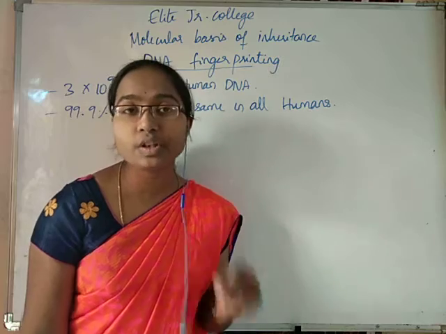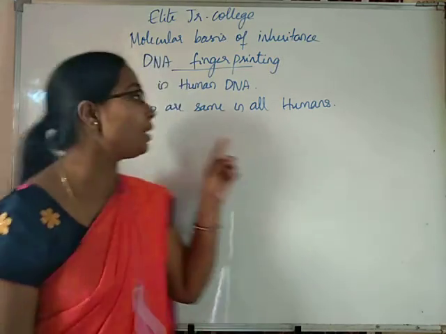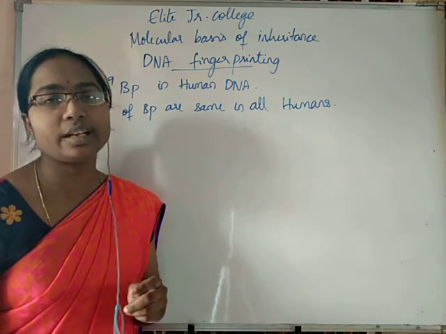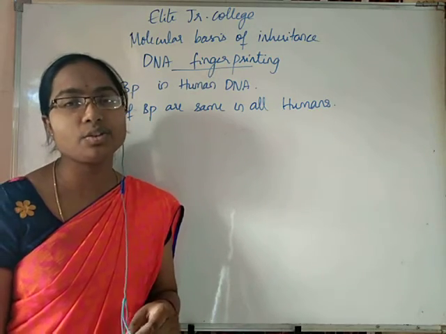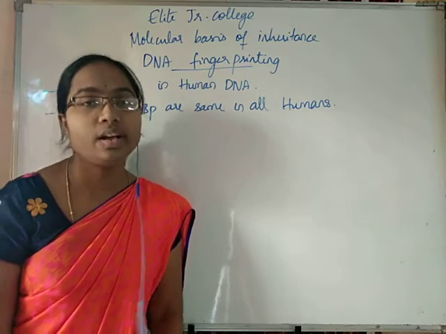Why are no two individuals the same? Yes, it is because of this 0.1 percentage difference in the nucleotides. That 0.1 percentage difference in the nucleotides is responsible for causing phenotypic differences in the individuals.